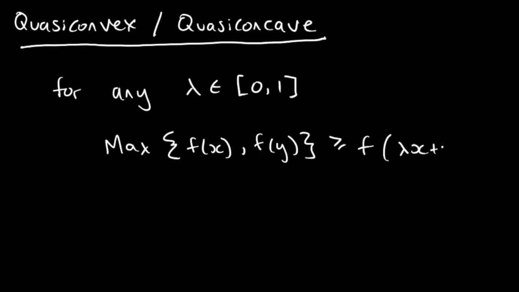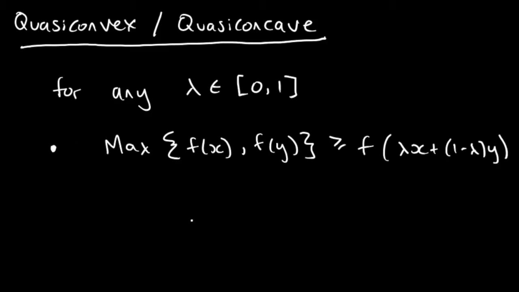This is what a linear combination is, and as I said, I did go over the linear combination in the video that I link in the description. But that is a quasi-convex function. This is the definition 1 that we're going to go through.